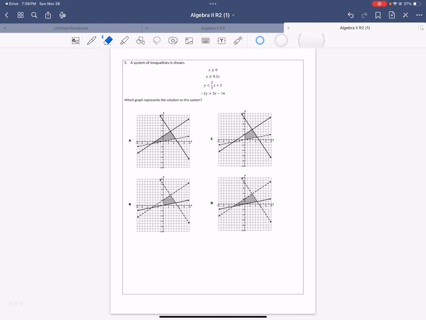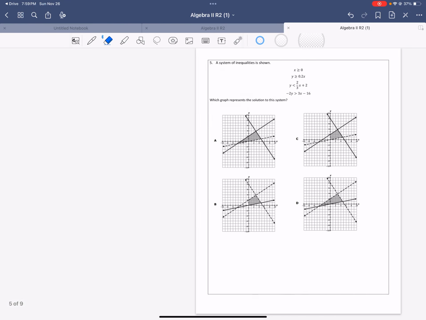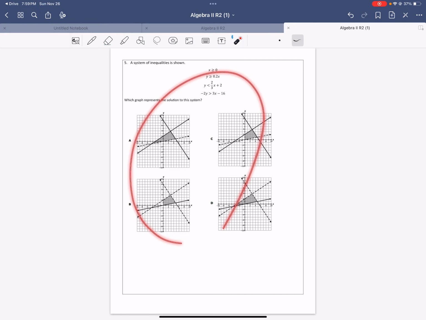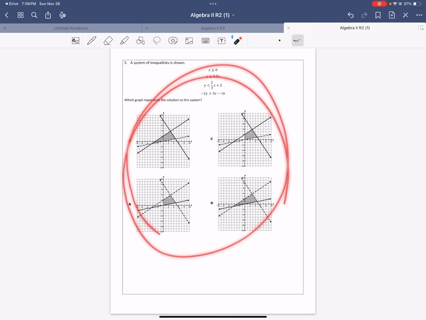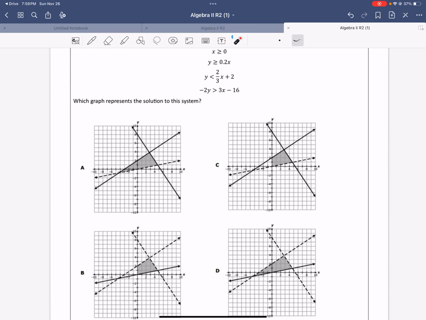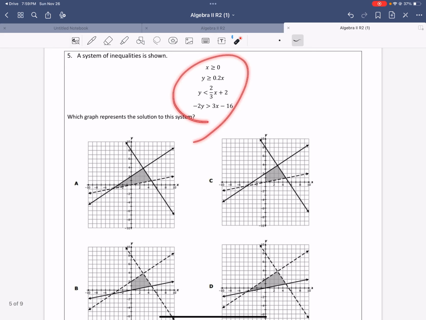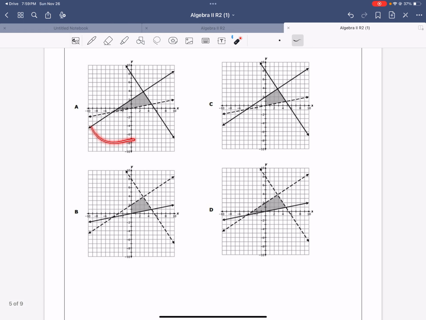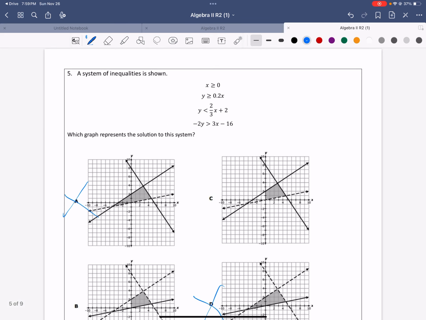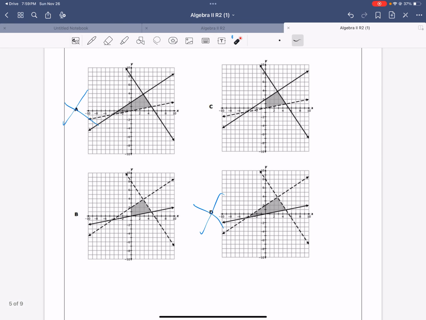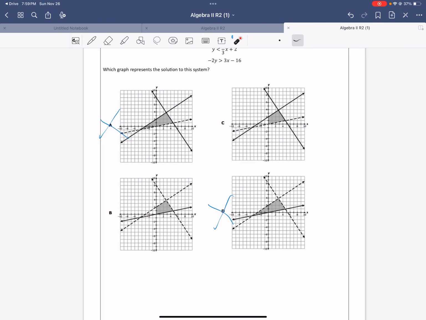About this one, I will show you how to do it in a separate video because I believe that one is important. But I will just go over a very simple one, like question number 5, okay? So I told you in the previous lesson that it has 4 equations. But even before that, whenever you have something that looks like a triangle, cross that out first because you have 4 lines. So you cannot have a triangle, right?